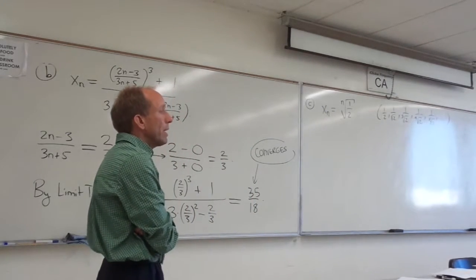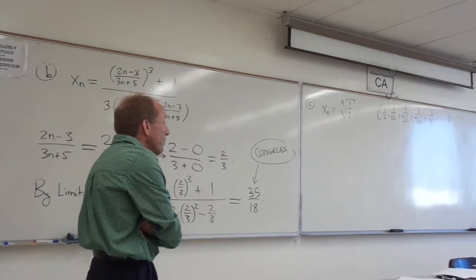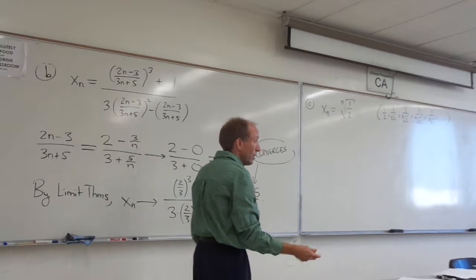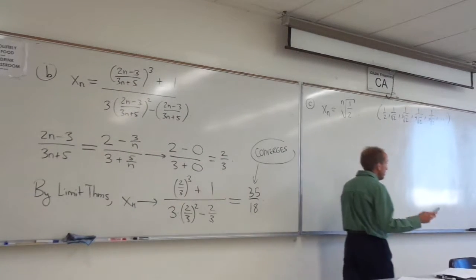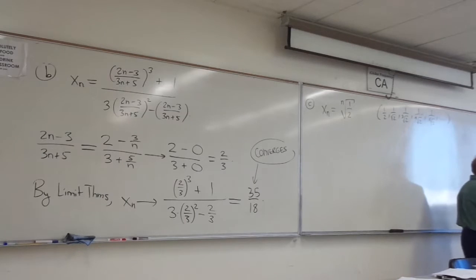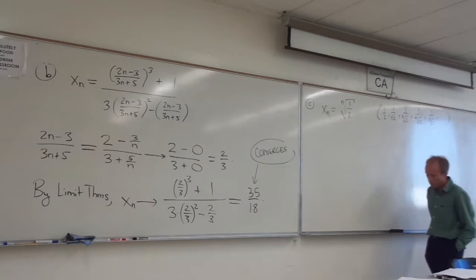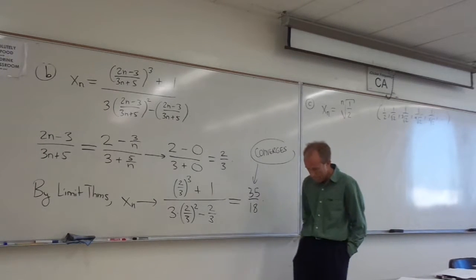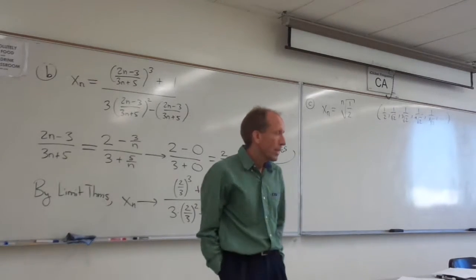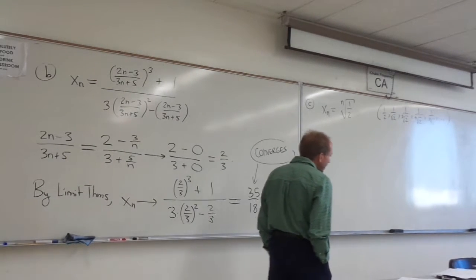And see, because we have roots here, we're not going to have any limit theorems this time. The limit theorems are talking about addition, subtraction, multiplication, and division, and this is not any of those. Okay. So with this in mind, do you think it converges?